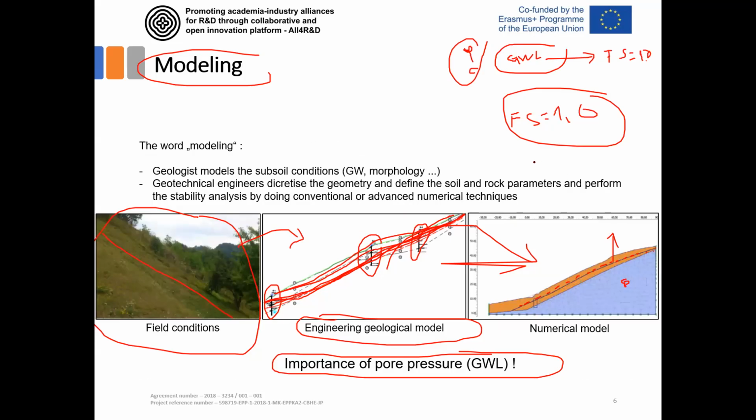It is also very important to note when we are on the safe side and when we are far from the safe side when adapting the groundwater level. It's suggested that the groundwater level should never be at the top of the surface in the back analysis. Why? Because if we introduce some remediation measure, for example a drainage constructed here, the drainage will probably reduce the water level to a very large depth.